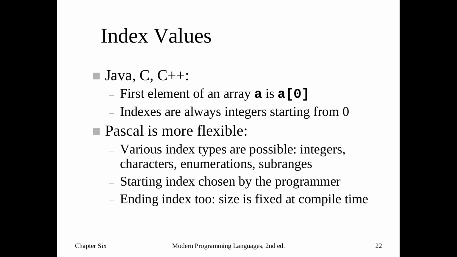This is what we call an associative array. The starting index is chosen by the programmer, so it does not have to be 0. It could be whatever you want, and the interesting thing is the ending index can also be selected by the programmer, and the size is fixed at compile time.